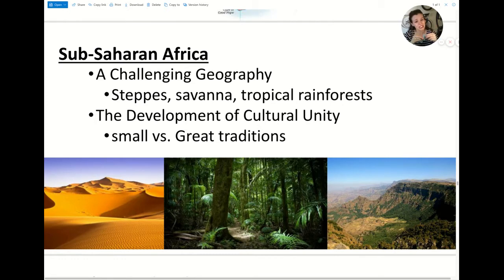So the island of Sicily, which is part of Rome, has some of its own unique features that will set it apart from different parts of the huge Roman Empire, right? So small traditions, think like local traditions, versus great traditions, sort of like more like pop culture of the time, to put it in some geography terms that you learned last year.